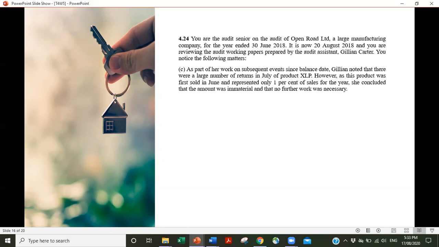Is that the one with Belinda, where you look at financial accounting? Not sure whether it's, yes, okay. So in financial accounting, you will have looked at subsequent events in your accounts.